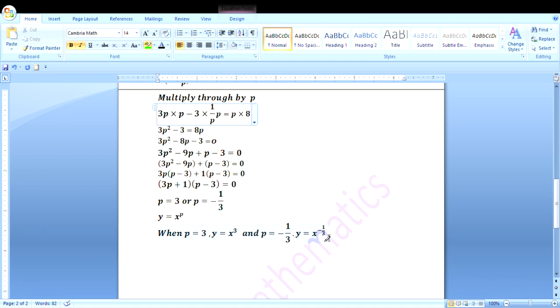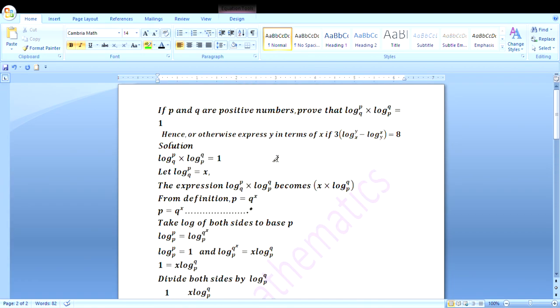So this is the simple way to handle this problem. Seeing logarithms where the bases are different, but the base of one is the log of the other, the most appropriate technique is to use the change of base.